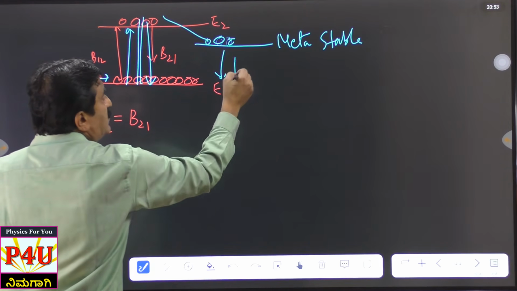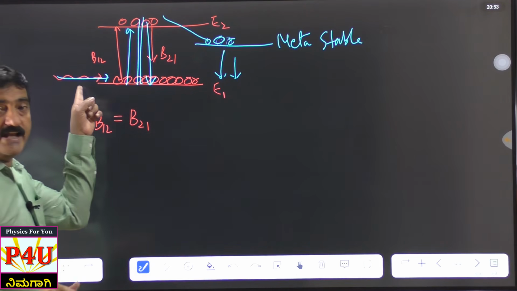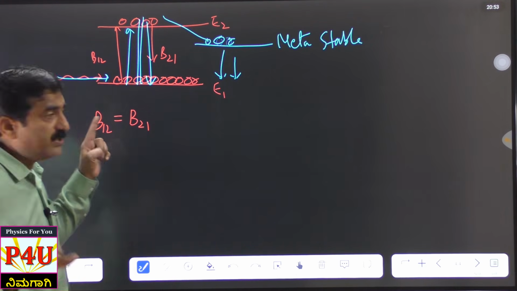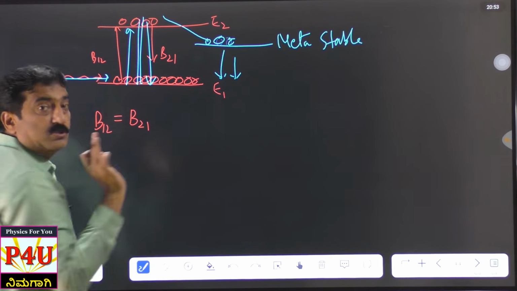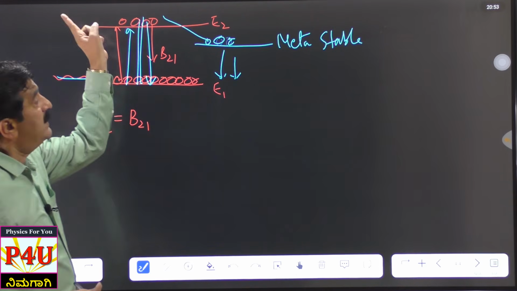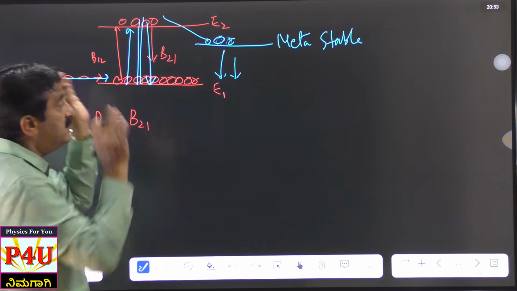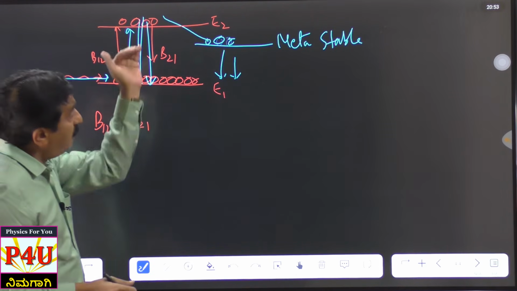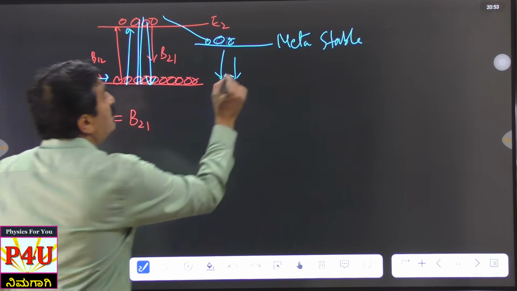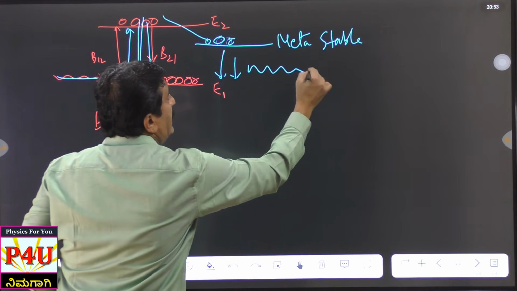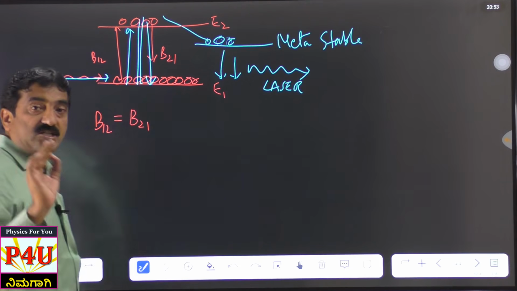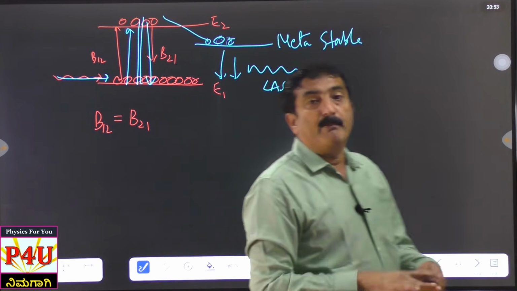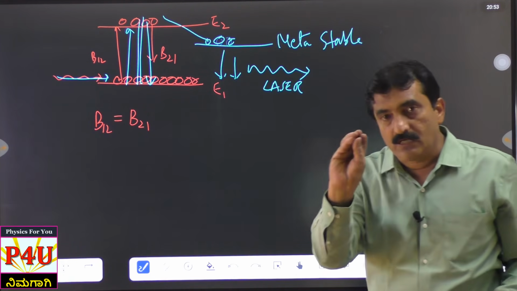So this transition is not possible by this radiation. This radiation will cause transition only from here to there, there to here, certainly not from here. So better you take the atoms, send them to some safe level, see that they will sit for a while, afterwards you ask them to come down, then you get a laser, and that is our intention, that is our main purpose.